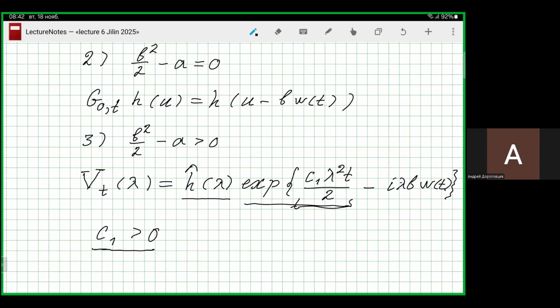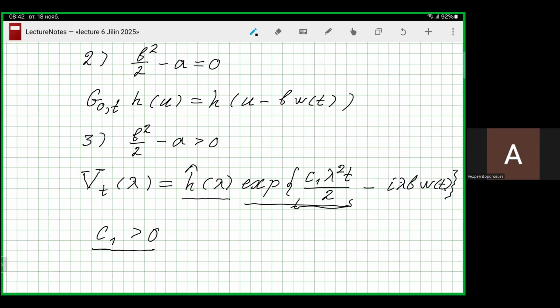And those of you who studied partial differential equations maybe understand what happened. We are now working with the heat equation in backward time. So we have, roughly speaking, non-mathematically, a backward convolution.